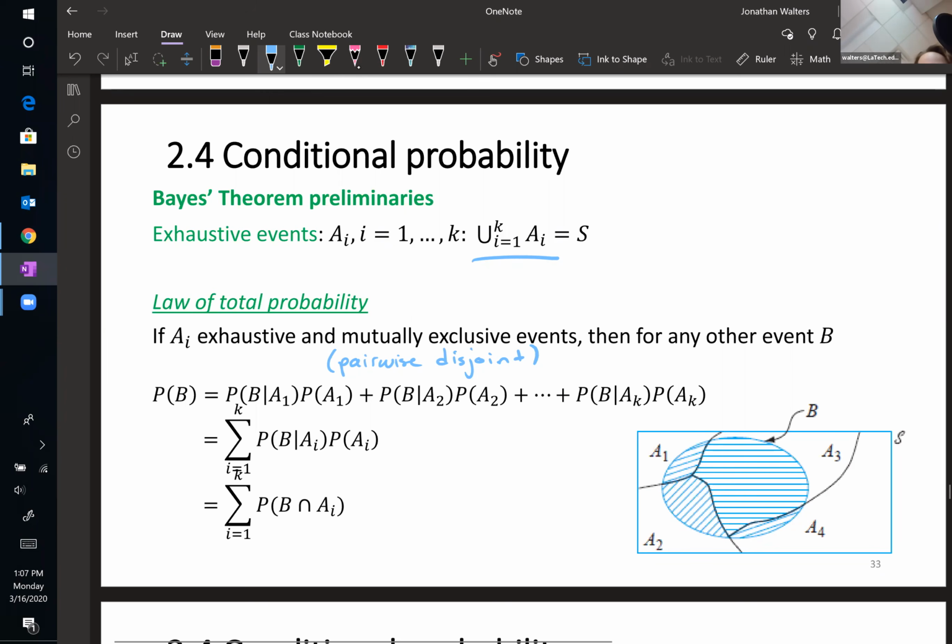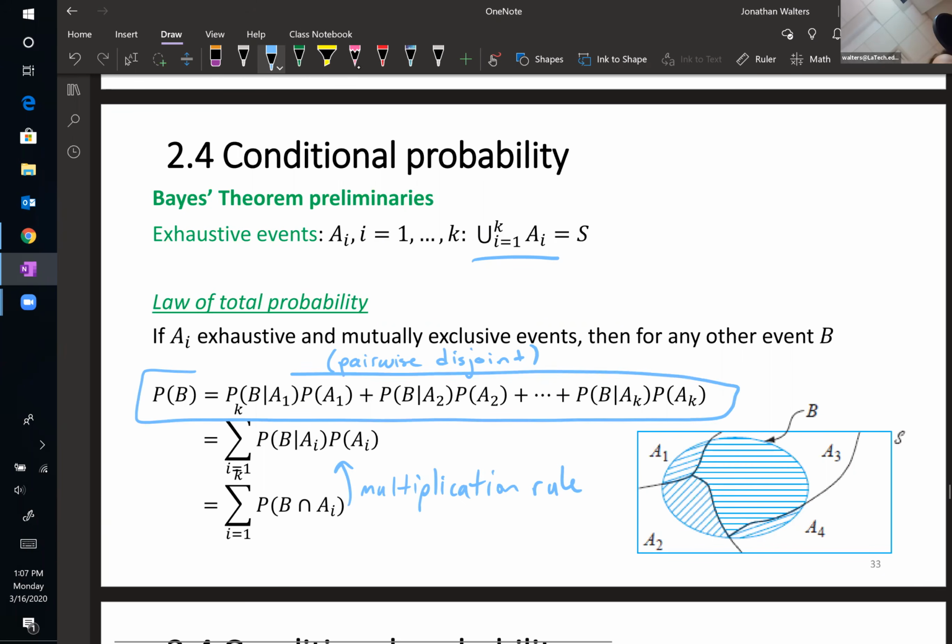So you add all those intersections together and then use the conditional probability multiplication rule to go backwards, to rewrite like this. This is called the law of total probability. To get the total probability of B, you find the probability of B given A1 times probability of A1, plus probability of B given A2 times probability of A2, plus ... probability of B given AK times probability of AK.